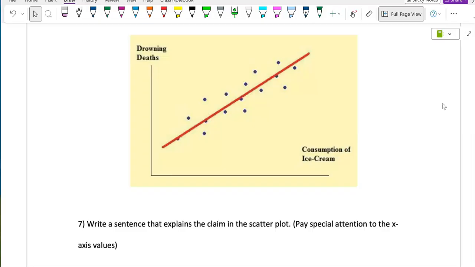Yeah, they're claiming that consuming ice cream is causing drowning deaths. That's what the claim is. Again, not to say if the claim is true.